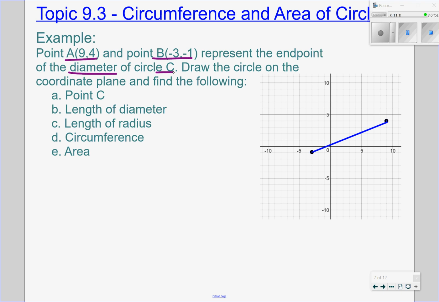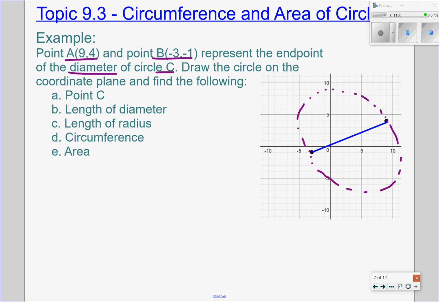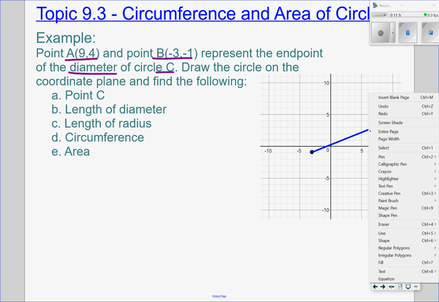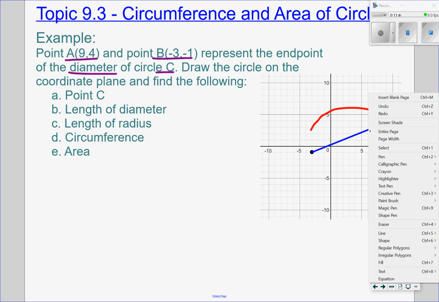Now, for those of you who have greater artistic skills, you can go ahead and see that this should be like a semicircle, and then it should continue over here. Now, mine looks kind of like an egg. All right, so if we attempted that as a full circle, I'll apologize here.